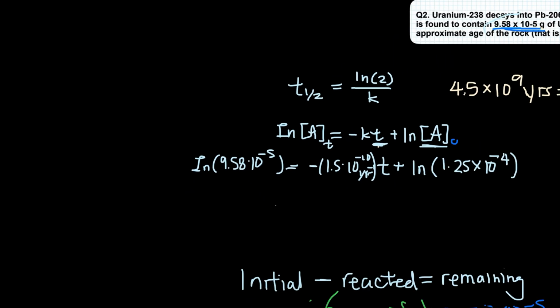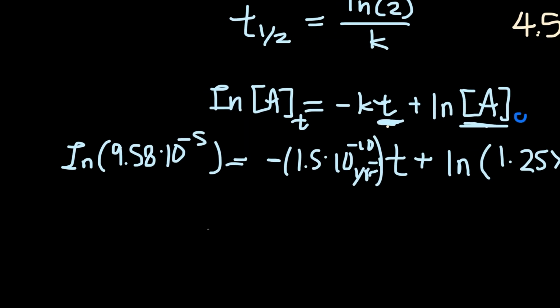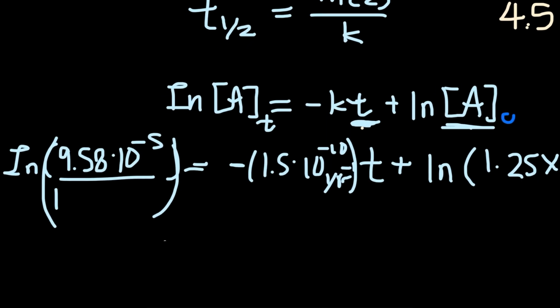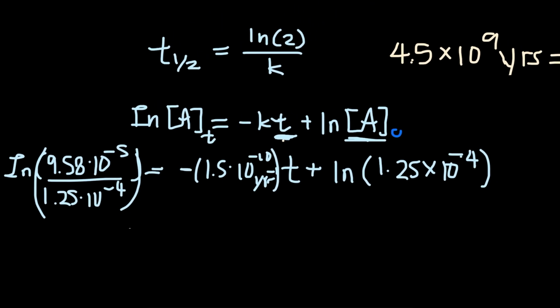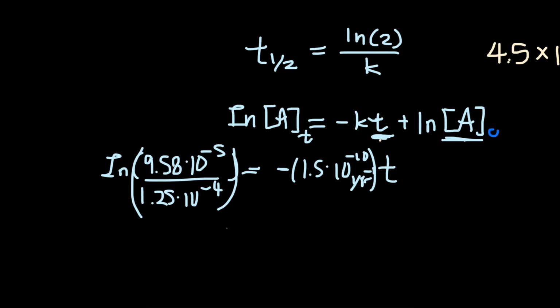And now we want to do the algebra. If you take ln of this side minus ln of this side, it's the equivalent of saying, so I can remove this side. And then we can divide all of this.